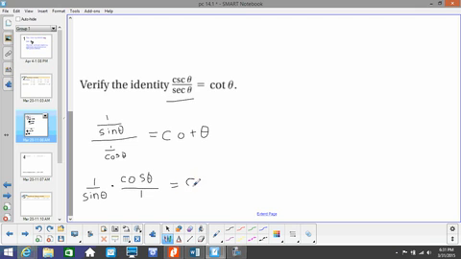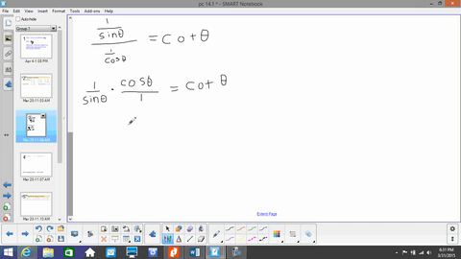Again, we're trying to prove that that equals cotangent theta. Well, let's go ahead and multiply. And I'm going to get cosine theta over sine theta equals, that's supposed to be an equal sign, cotangent theta.